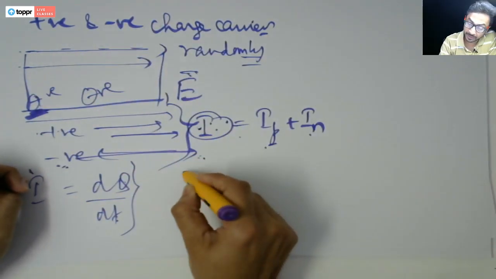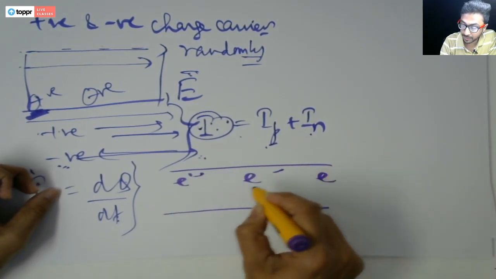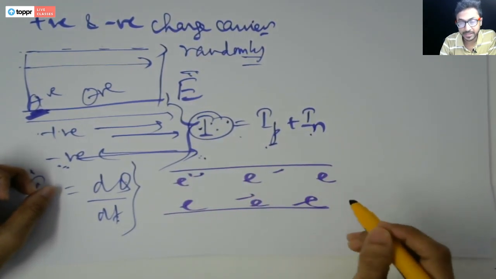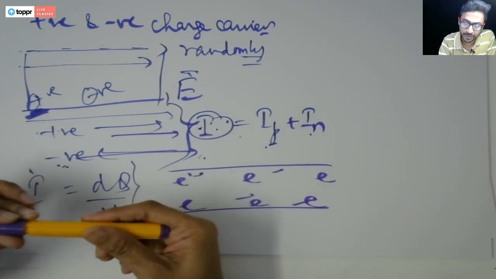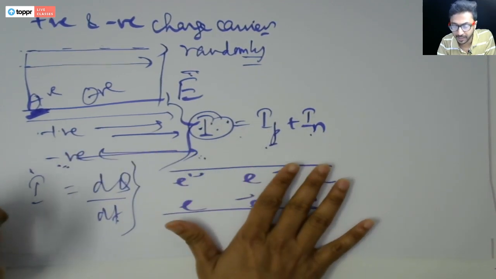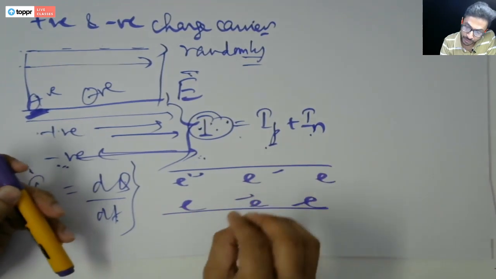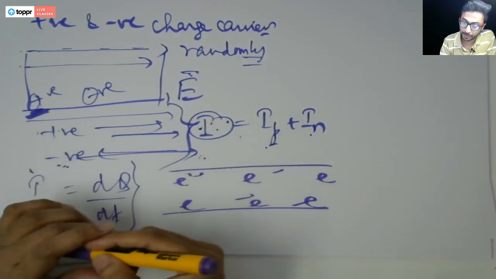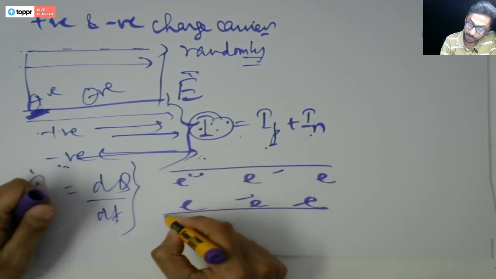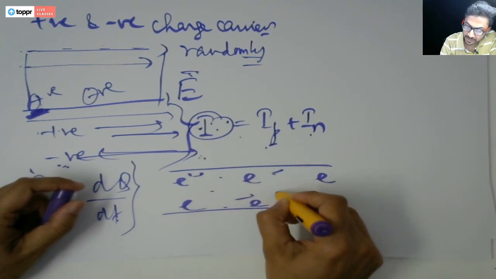Okay, now let's come back to this atomic model. Though current flows within electrolytes as well as metallic conductors, we mostly deal with metallic conductors, so we will continue with this model. When electrons are moving within the metallic conductor, you will see there are fixed charges.